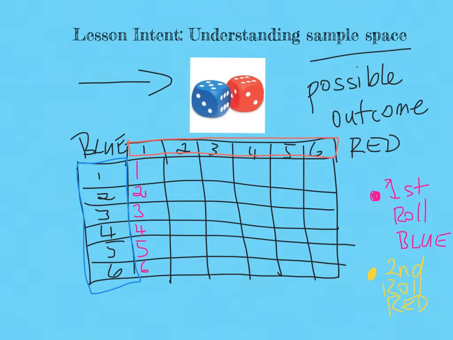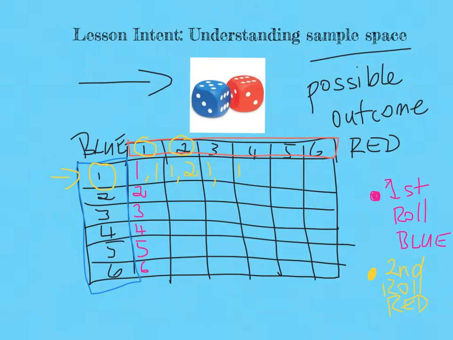So like before, we could have rolled a 1, which is in the pink, and then we could have rolled a 1 as well. So we could have rolled this one, and then when we rolled the red one, we could have rolled this. Alternatively, if we stay on this line here, 1, we can still do a 1, but we could have pulled up a 2, which is here.